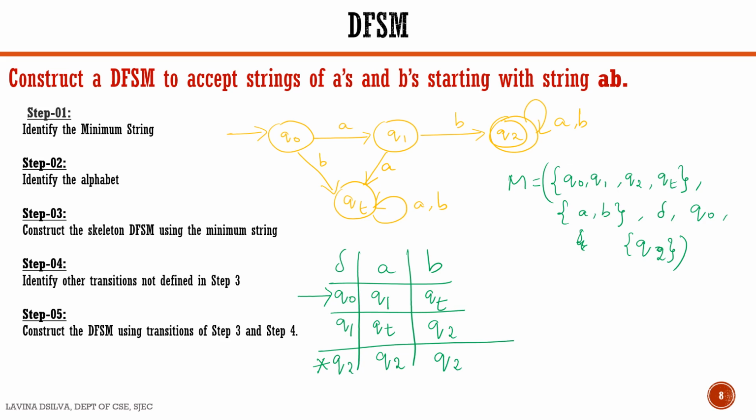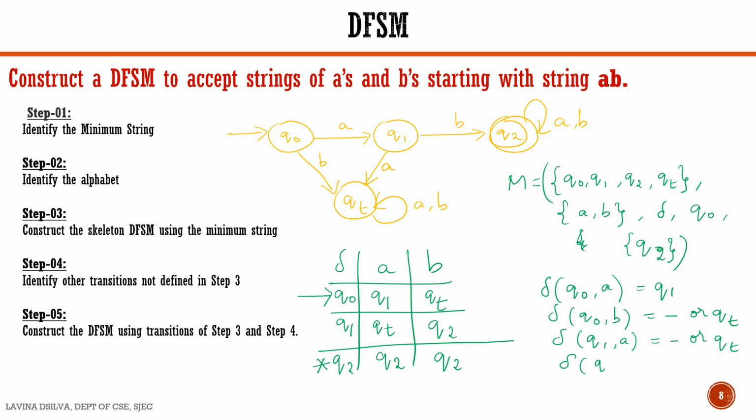These transitions, which are listed in the tabular format, can also be given in the list format like this: delta, Q0 and A, you go to Q1. Delta, Q0 and B, no transition is defined, or you can write QT. Delta, Q1 and A, no transition is defined, or you can also write QT.